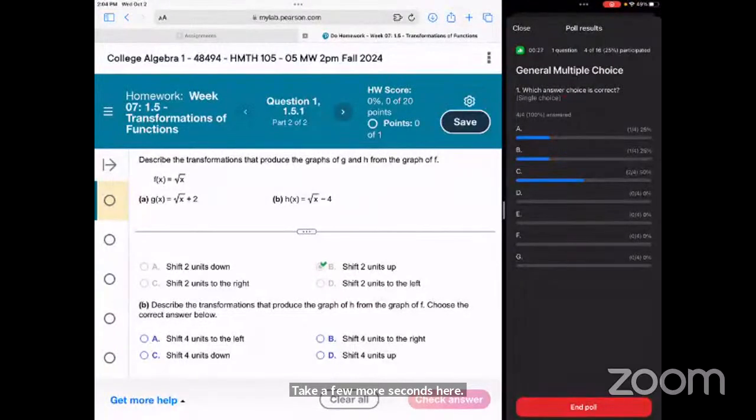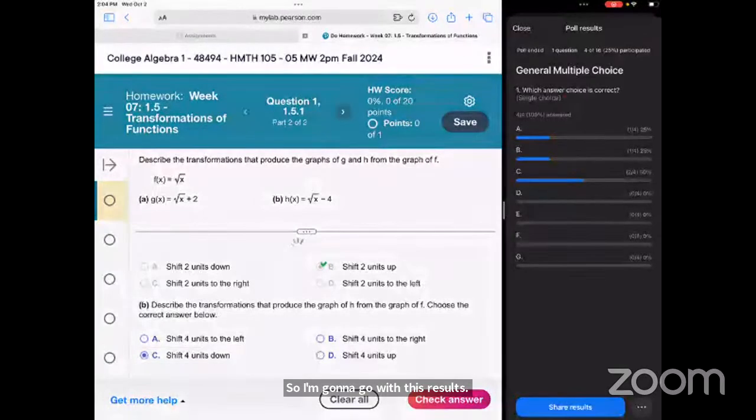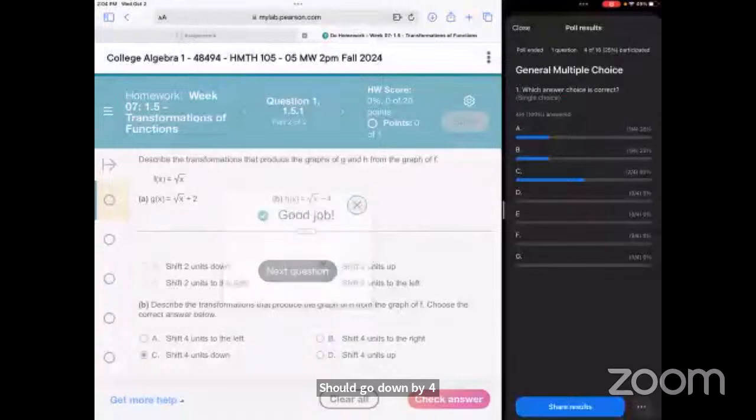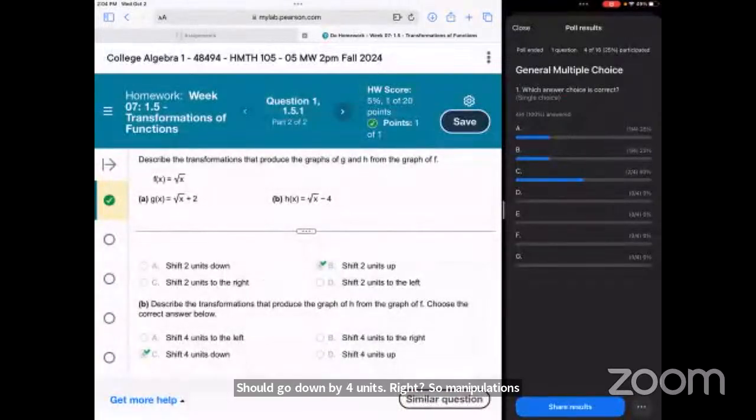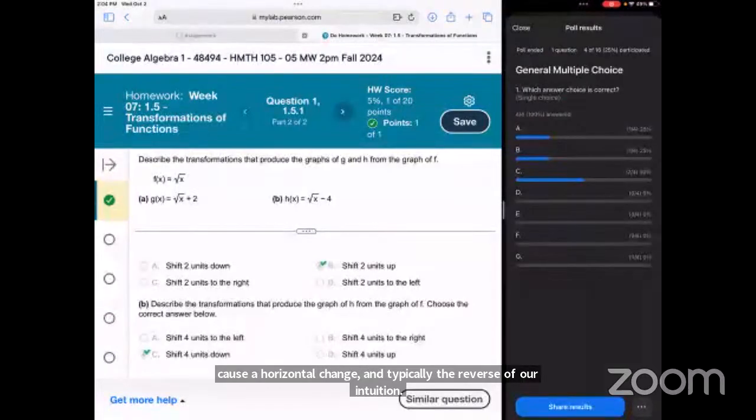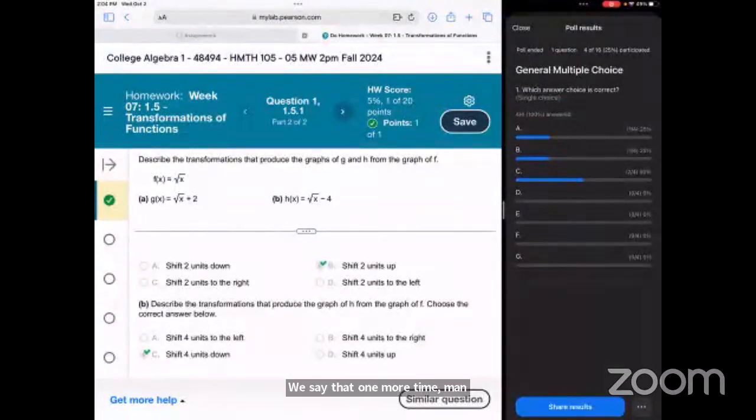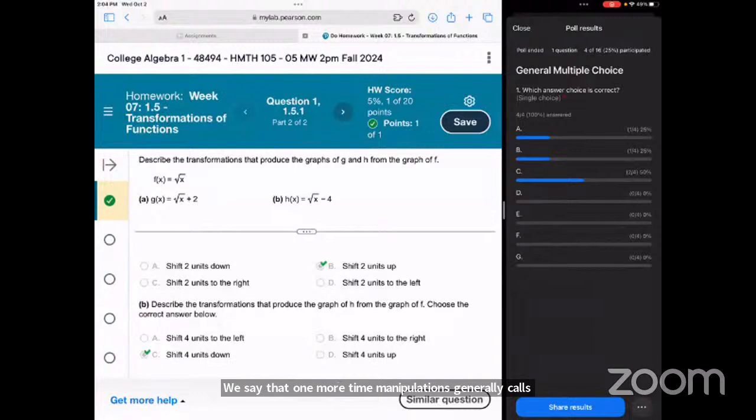So I'm going to go with these results. It should go down by 4 units, right? Outside manipulations generally cause a vertical change. Inside manipulations cause a horizontal change and are typically the reverse of our intuition. Let me say that one more time. Outside manipulations generally cause a vertical change, and they typically follow our intuition. Inside manipulations typically cause a horizontal change and are generally the reverse of our intuition.